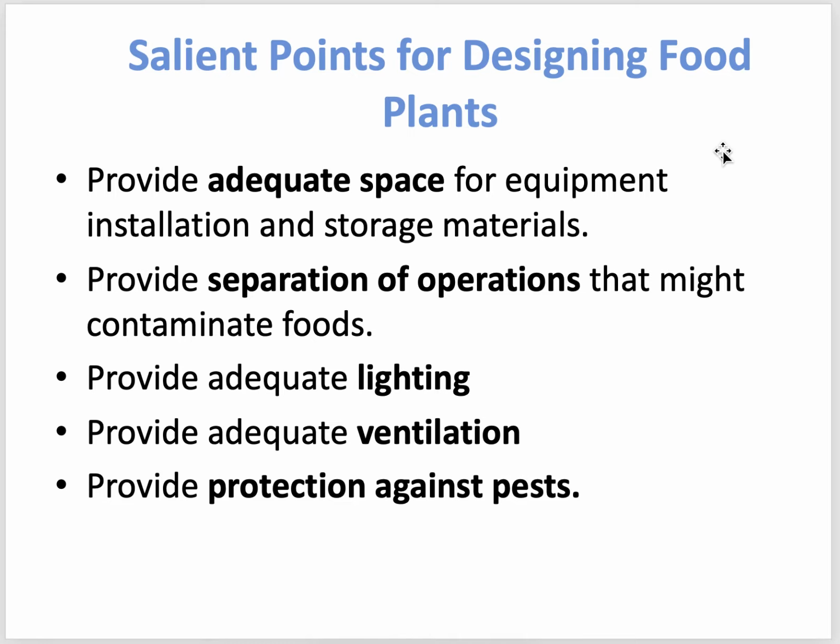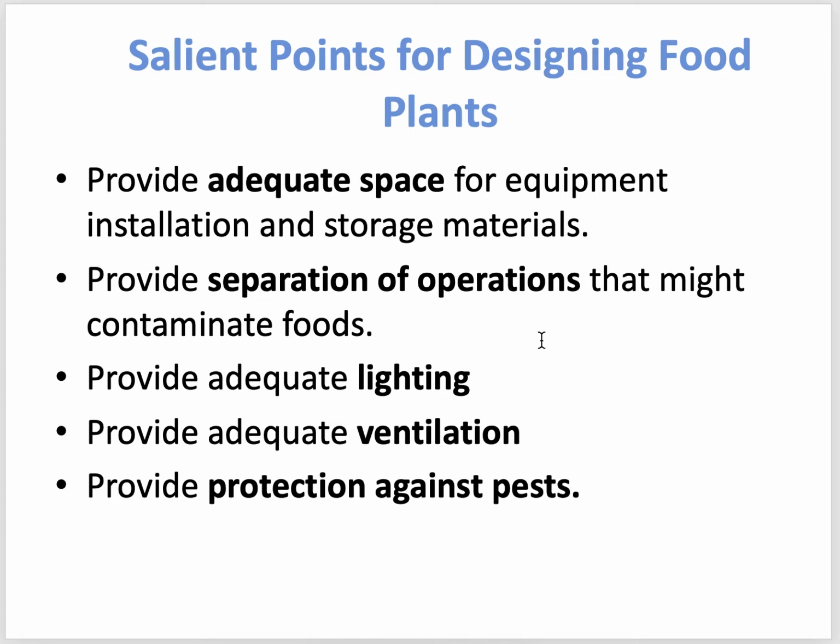Space is very important. You just cannot pile up your machinery and equipment in the plant. There should be adequate space for the machines and also for the storage facility. And we should provide separation of operations that might contaminate foods.